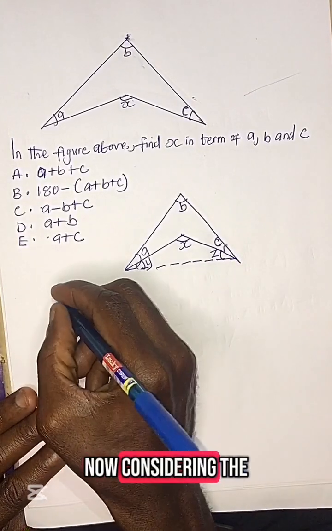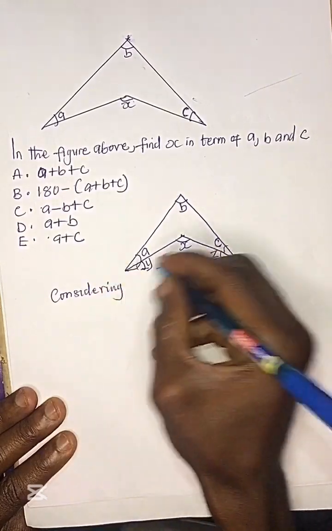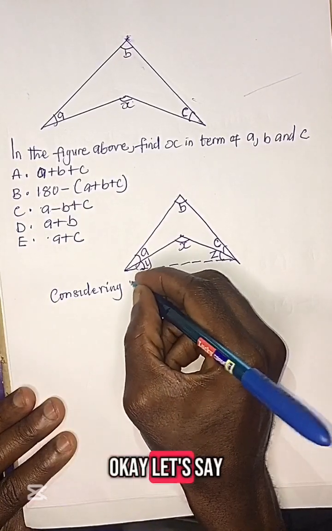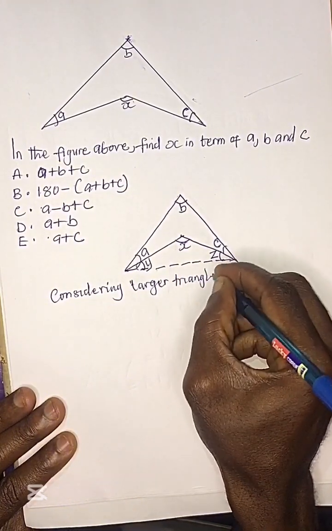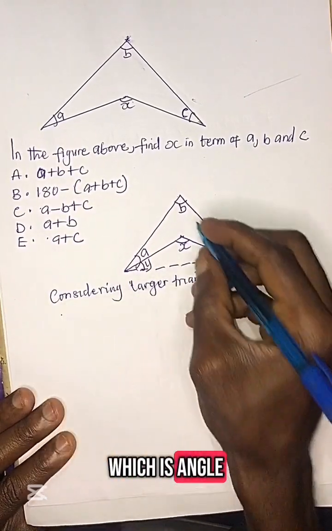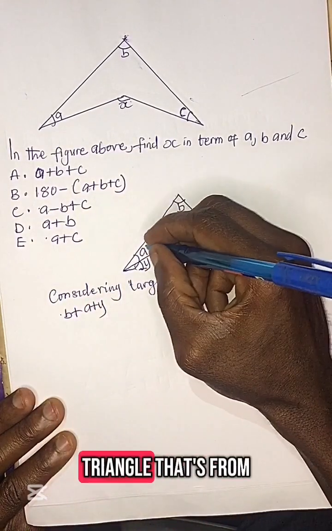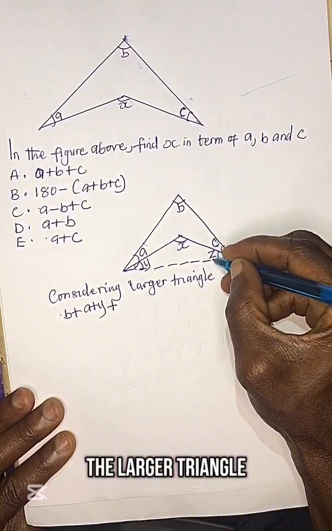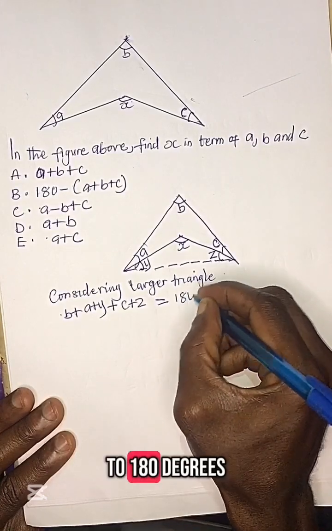Now, considering the bigger triangle, let's say the larger triangle, which is angle B plus A plus Y. The larger triangle, that's from here to here, plus the next one is C plus Z. This is equal to 180 degrees.